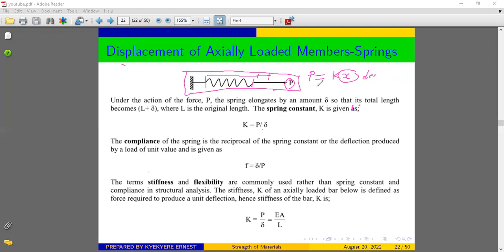So from here, if this x is represented with delta, then we can say that P is equal to K delta.